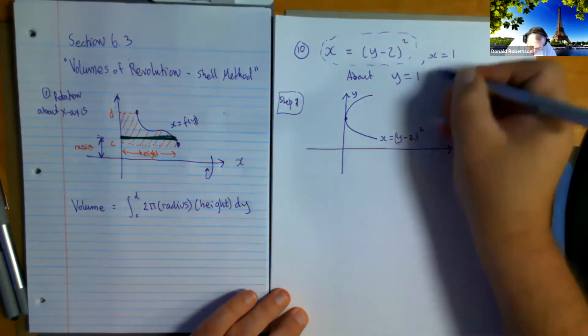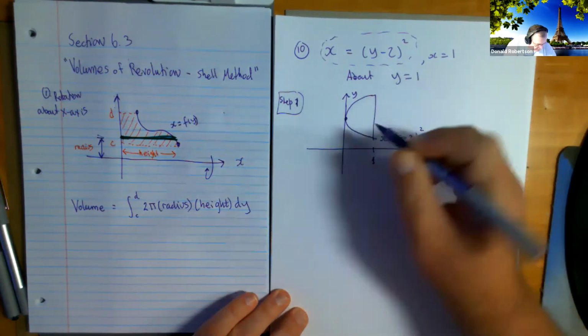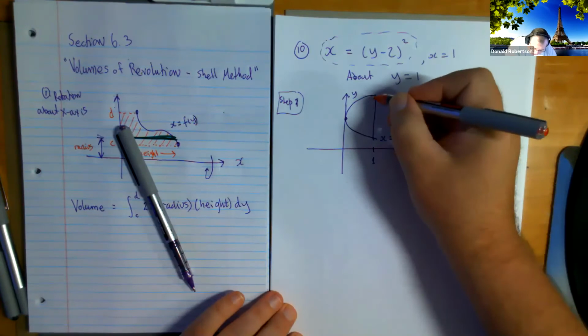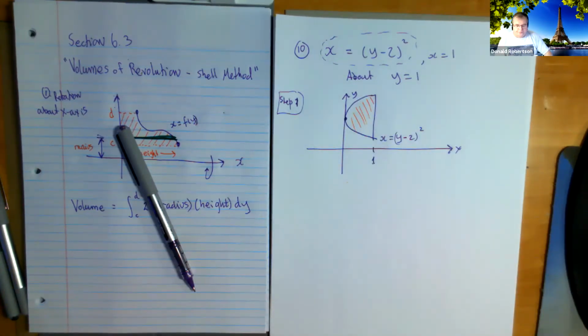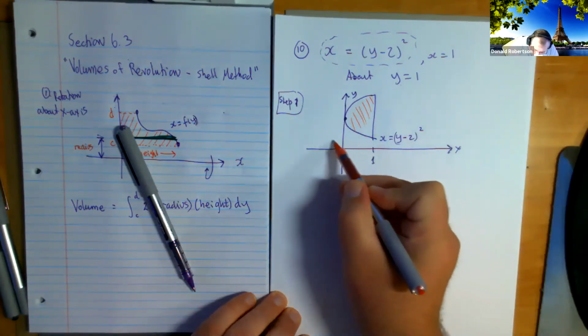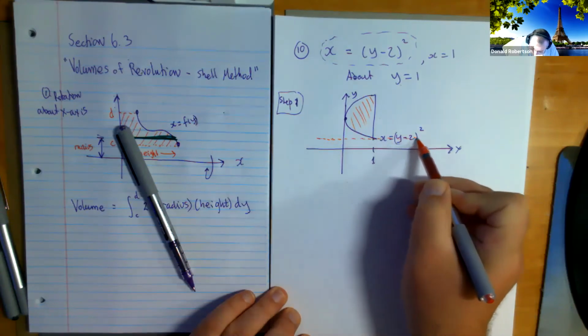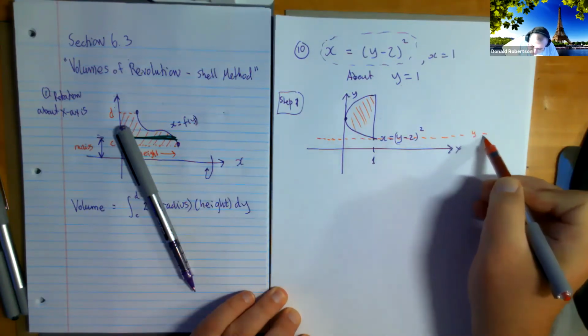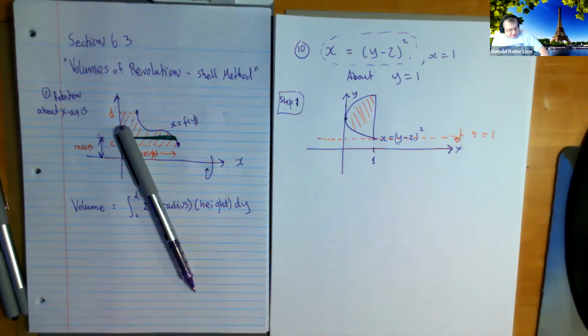Now, if you put in x equals 1, which is about here, you get that shape. And we are going to be rotating it about the line y equals 1. And my diagram is really messy looking. I apologize for that. But this is the axis of rotation. Do you see that it isn't the x-axis, it's just parallel to the x-axis?